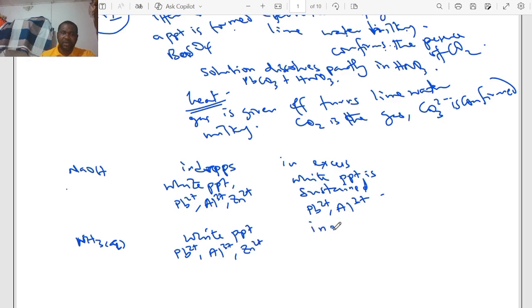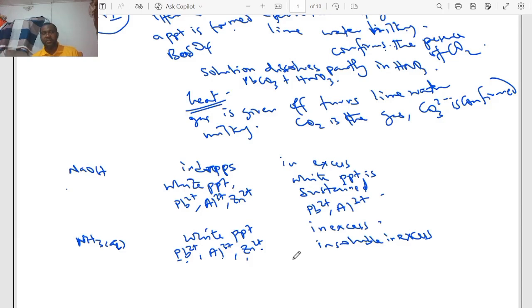Then if it is in excess, only zinc is soluble in excess, but the rest are insoluble in excess. So we are going to say insoluble in excess, because we know that it is lead, and lead is insoluble in excess.